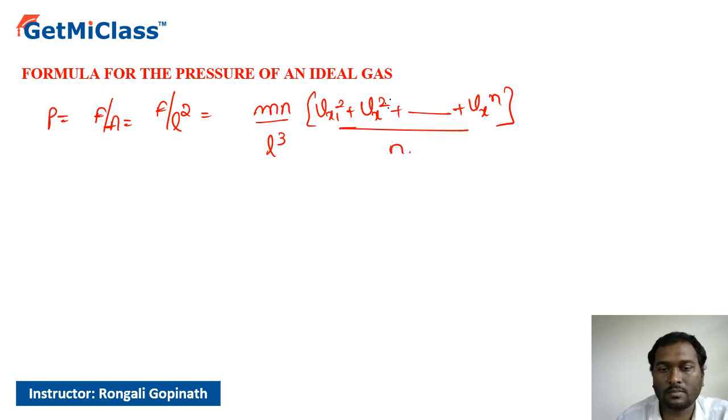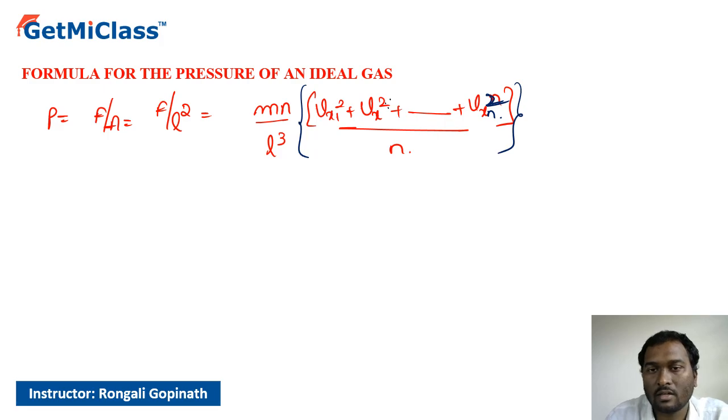What does this term tell us? It is the sum of squares of individual velocities, whole divided by the total number of terms, isn't it? So what do we call this? It's basically RMS, but it's the square of RMS, isn't it?